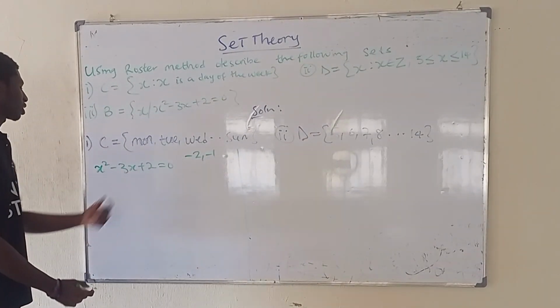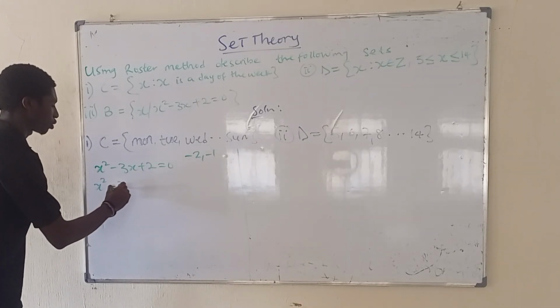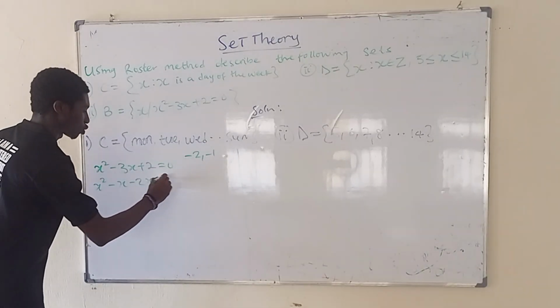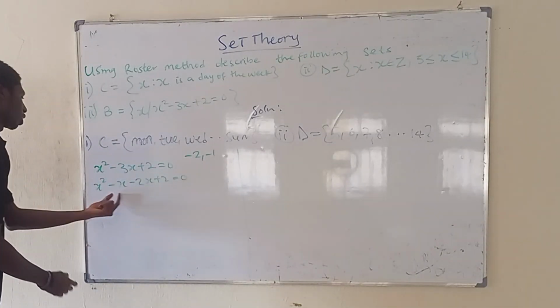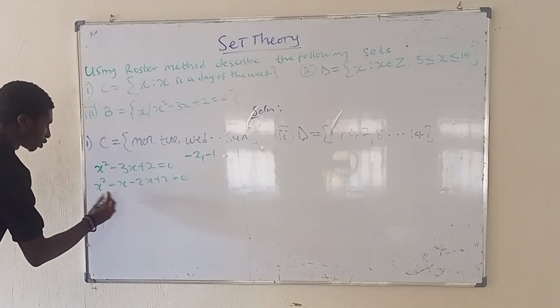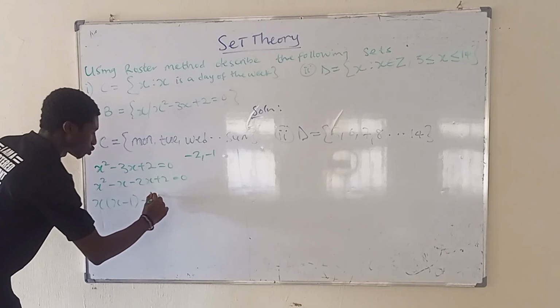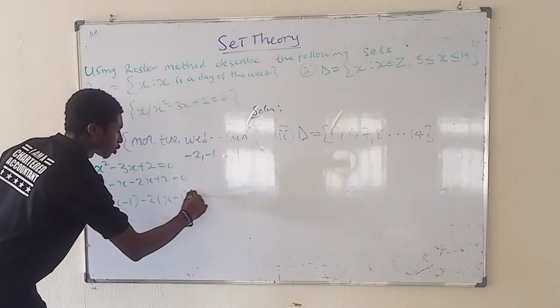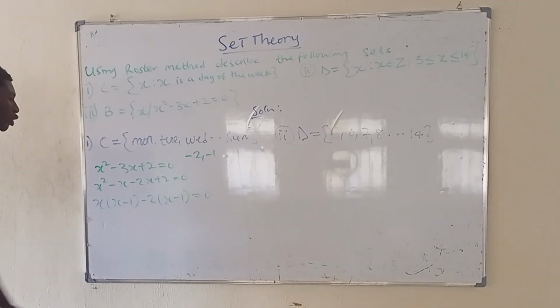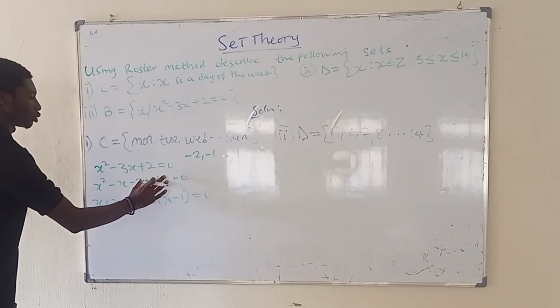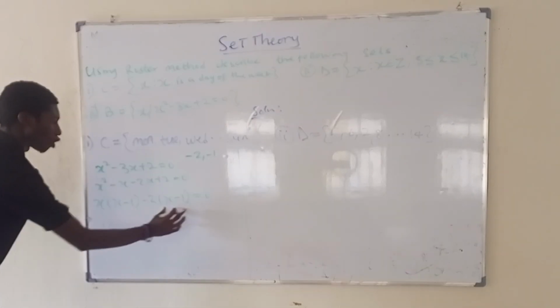So you can say x squared minus x minus 2x plus 2 is equal to 0. What's common in the first two is x, and we have x minus 1 and minus 2 times x minus 1 equals 0, because if we multiply this, we get back to this. So these two are the same.